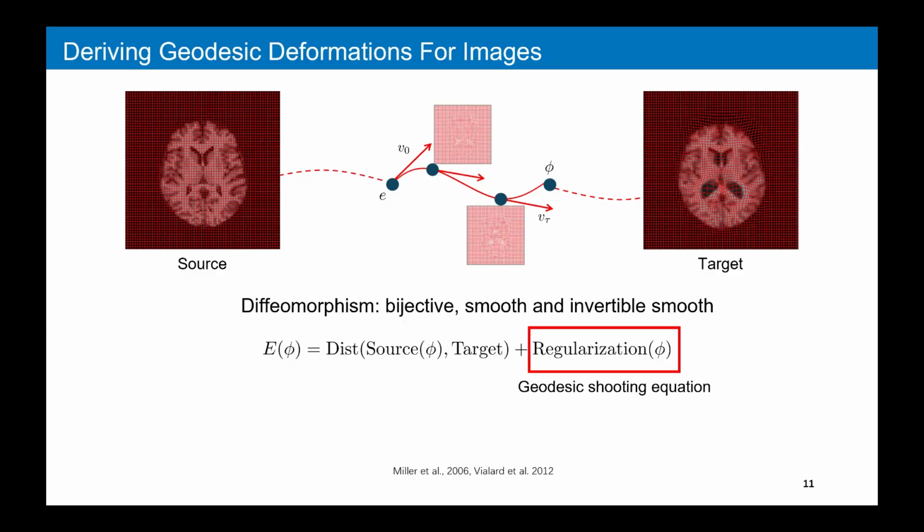The second term is the regularization term, which can either enforce the geodesic shooting constraint through the EPDiff equation or can be replaced by alternative parameterizations like stationary velocity fields, which are also commonly used. We especially choose the EPDiff constraint because it yields smooth, time-continuous deformations that capture the gradually changing process of the objects.